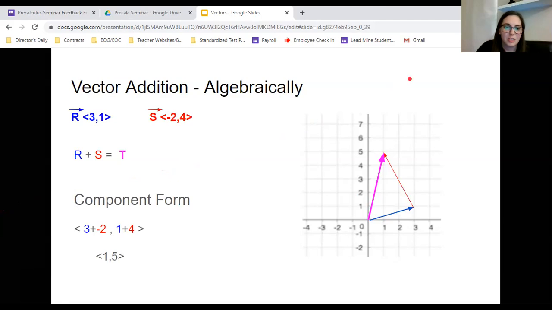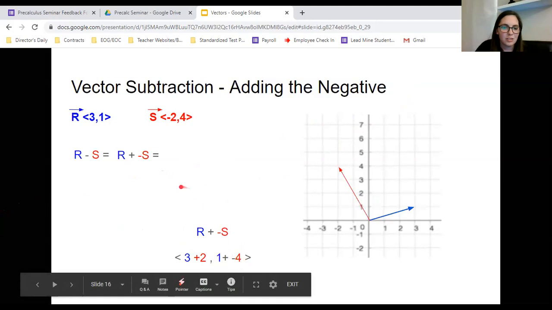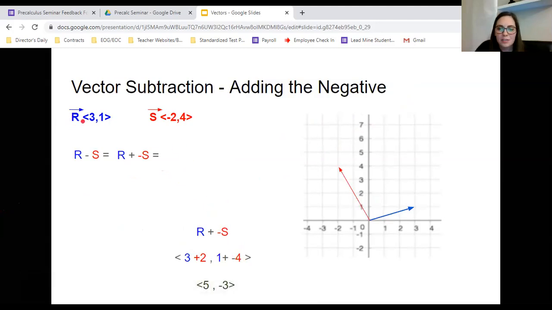Now vector subtraction, we're actually going to do something very similar. The only difference is if we think about subtracting integers, a lot of times we just add the opposite, or add the negative of that. So we're going to do the same thing. We have the same vectors here, vector r and vector s, but now instead of adding, we are going to subtract them. So we have r minus s, or I'm going to think of it as r plus -s.